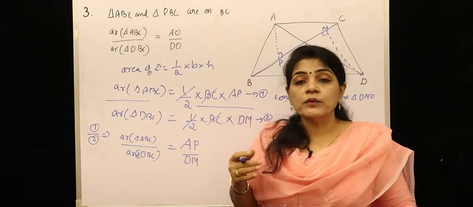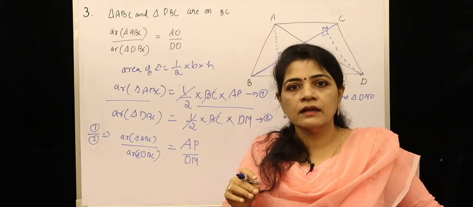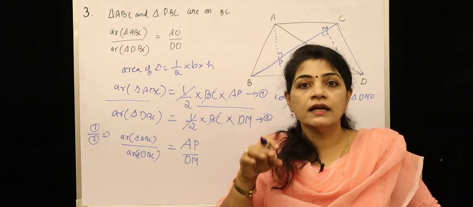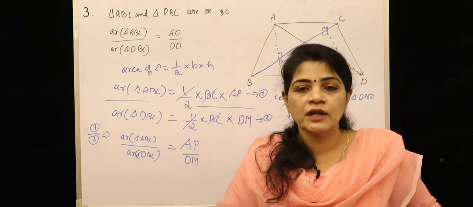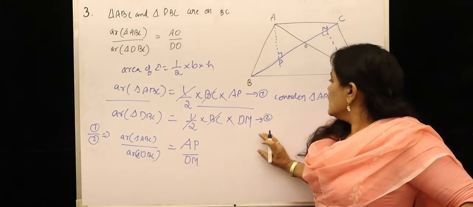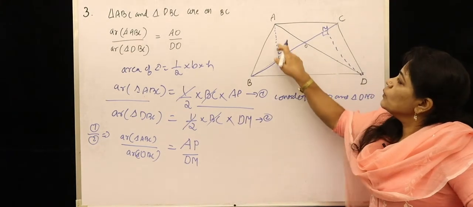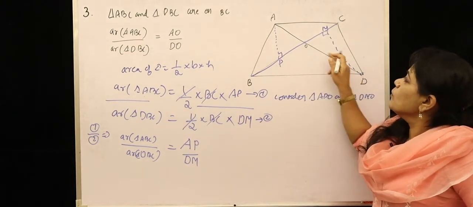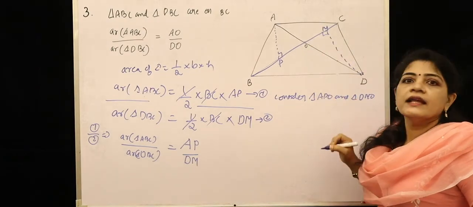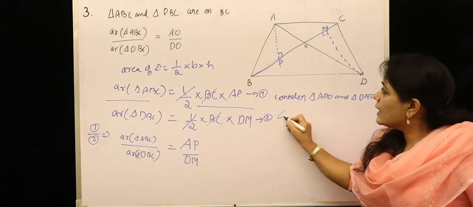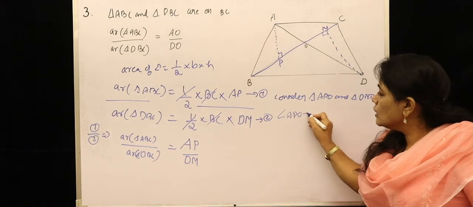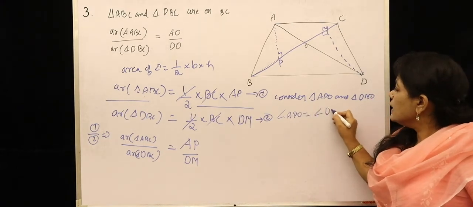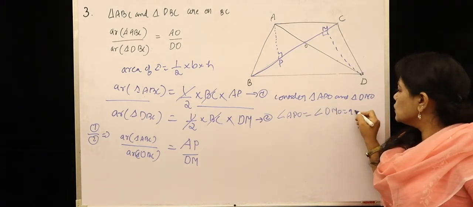See, can we prove that these two triangles are similar? If so, you can write their corresponding sides are in the same ratio. See children, in triangle APO and in triangle DMO, these two angles are 90 degree. That means angle APO equal to angle DMO, that is equal to 90.